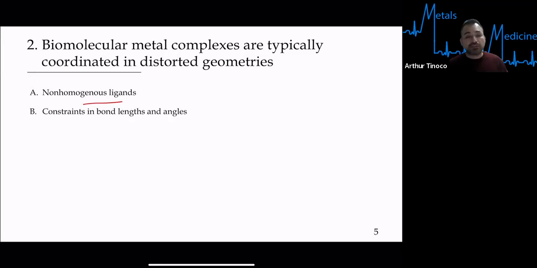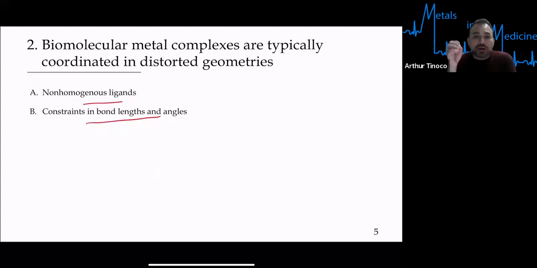If you're talking about proteins, you're talking about atoms that are coming from amino acids from different points of the actual protein itself. Coupled with that, you're going to have a lot of constraints in terms of where the metal is going to coordinate and what types of bond lengths and angles are even going to be possible. So just keep that in mind when you're thinking about coordination more in a biological context.